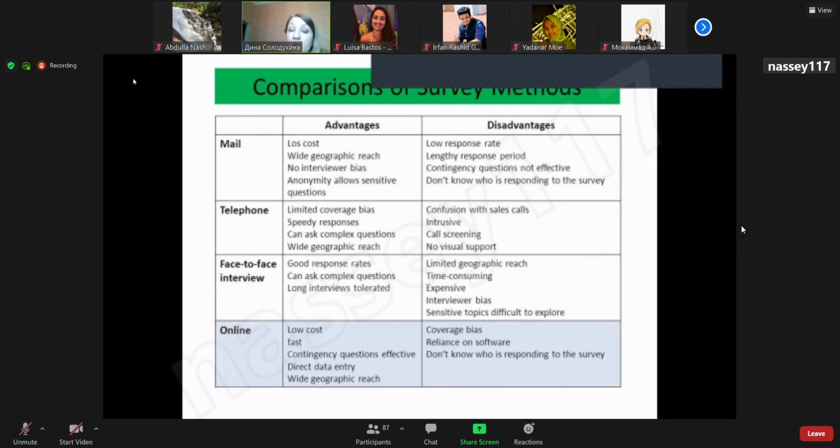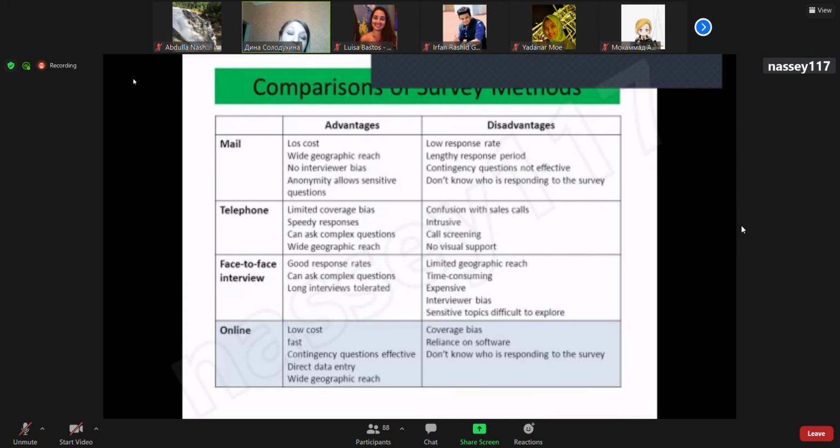However, traditionally we used telephones, we used mail, we just came to hospitals or clinics and talked to people. This is also used to make a survey. Some surveys have a low response rate, and it's a real problem when people just refuse and don't want to answer. Some people don't give a true answer, which is also a problem.